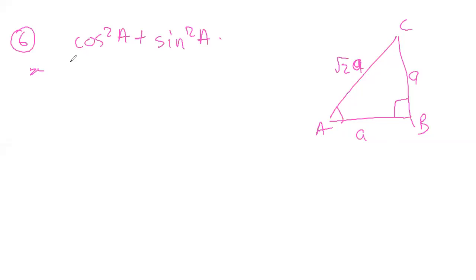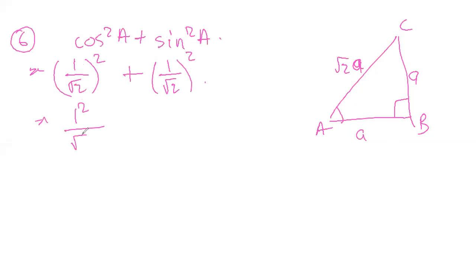So cos square A means 1 upon root 2 whole square plus sine square A. First we have to find sine A, which is equal to perpendicular upon hypotenuse, that is 1 upon root 2 whole square, because we have to find sine square A. So this will be equal to 1 square upon root 2 square plus 1 square upon root 2 square.